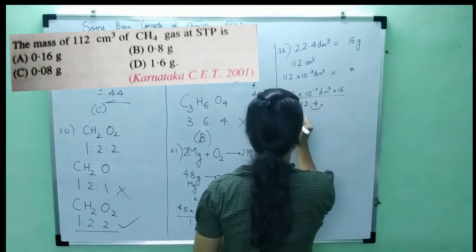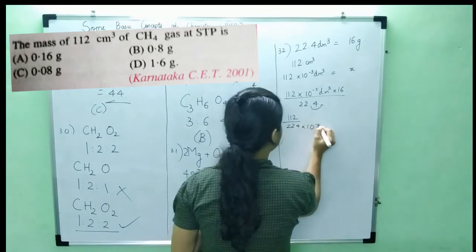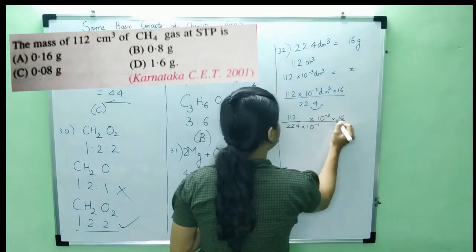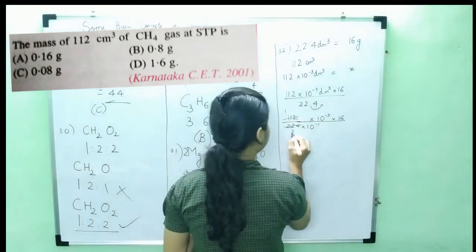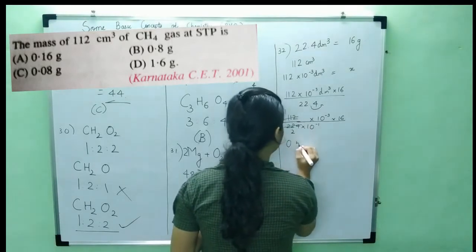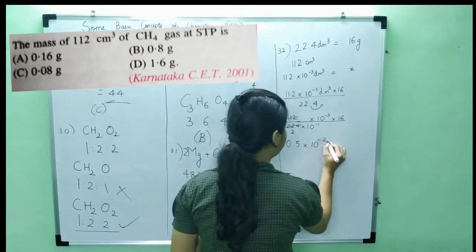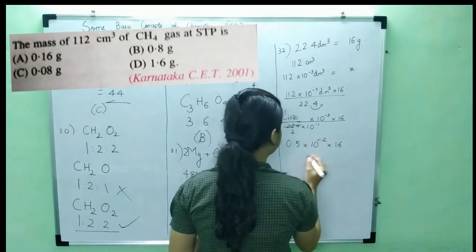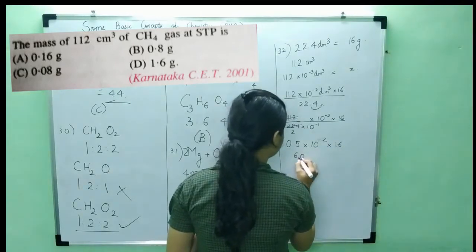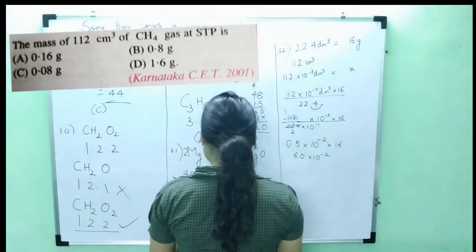Shift the decimal. So this comes out to be 1 upon 2, which is 0.5 into 10 to the power minus 3 plus 1, so this becomes minus 2, into 16.